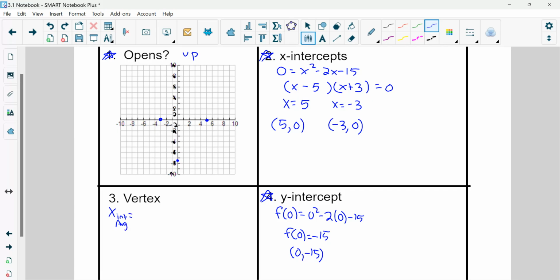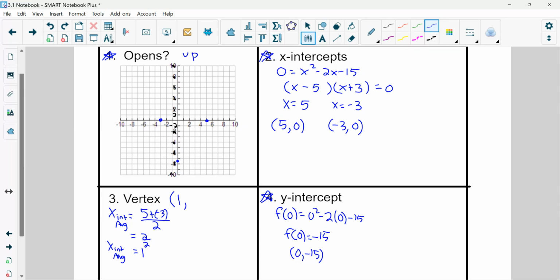And so I'm going to add 5 and -3 together, 5 plus a -3, and divide that by 2. So that would give us 2 divided by 2, which is 1. So the x-intercept average is 1, which again, that's going to be the x value for our vertex. And that would essentially be our axis of symmetry. So I'm going to draw a vertical dotted line going right through +1.